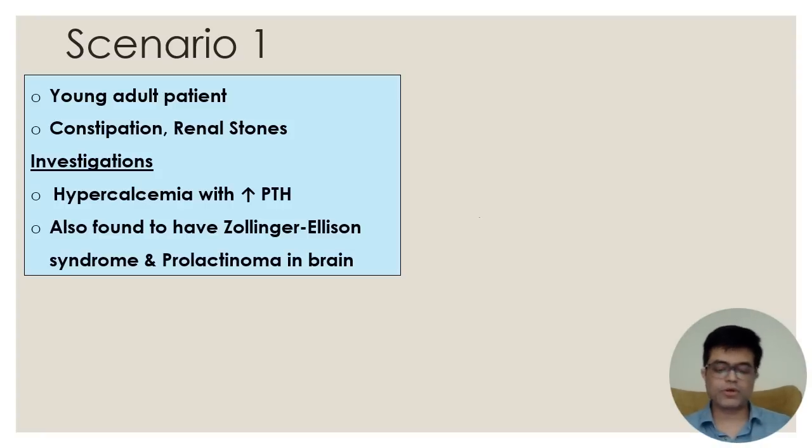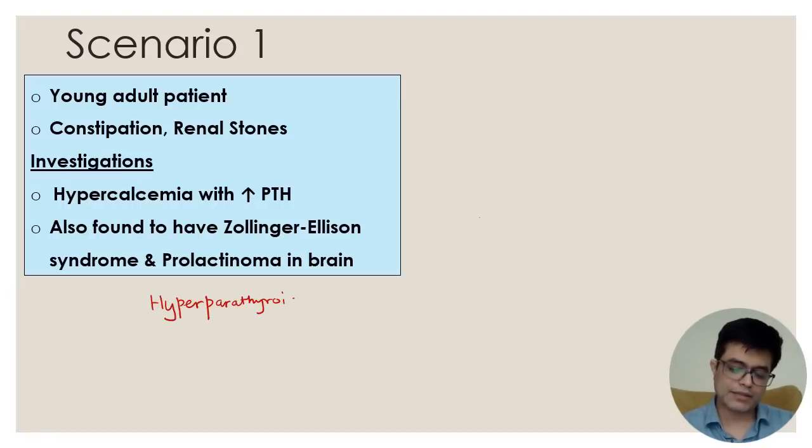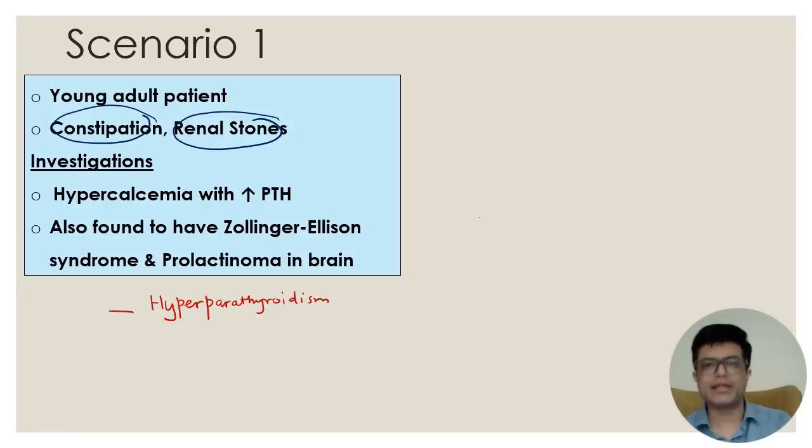The patient also had Zollinger-Ellison syndrome and prolactinoma in the brain. So what is the information that we have? We have hyperparathyroidism, which is the reason for producing hypercalcemia. The first two features mentioned here, constipation and renal stone, are due to hypercalcemia.